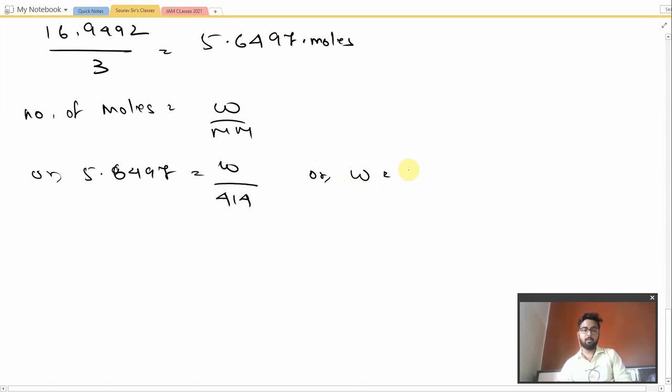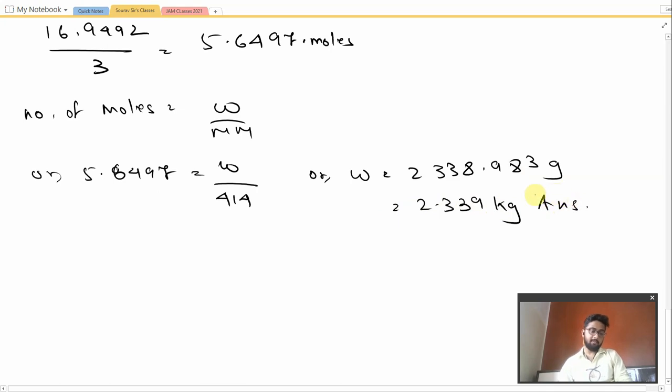This comes out to be 2338.983 grams, and we will be just converting it into kilos because that is what the question requires. So 2.339 kg. This is our exact answer.